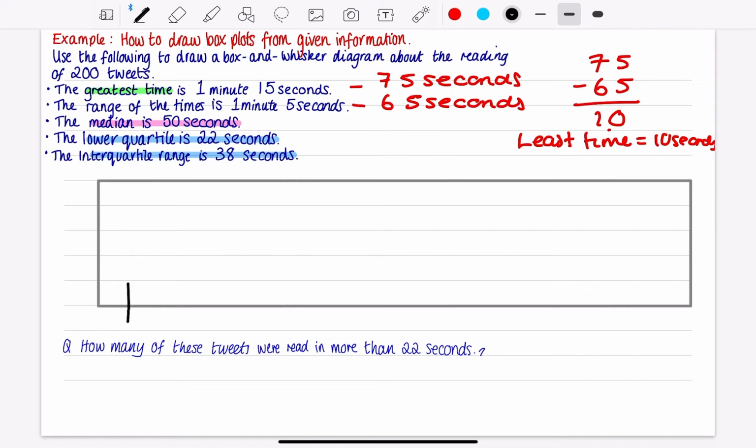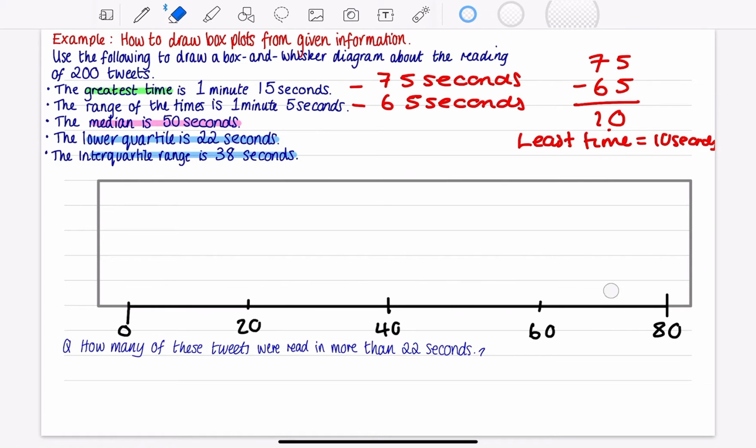So we're going to go from 0, and I'm going to stop at 80, 40, a line in the middle here of our scale, 20, 60. By breaking it down like this, I know I'm drawing my scale correctly. And then halfway between each of those are our odd values, and then halfway between are our 5s.